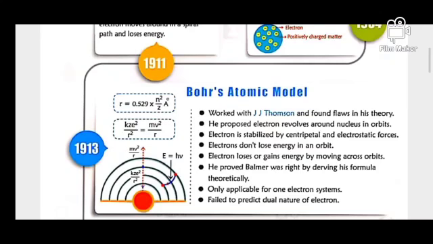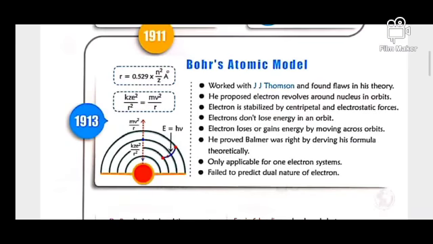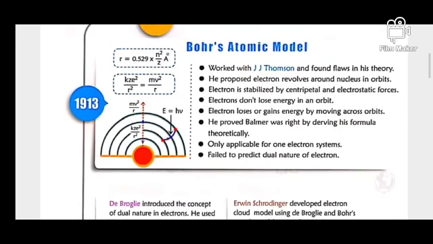He also said that during the revolution around the nucleus, the electron does not lose energy in an orbit. So the reason by which Rutherford's atomic model was discarded does not apply here. This is the best merit of Bohr's atomic model.